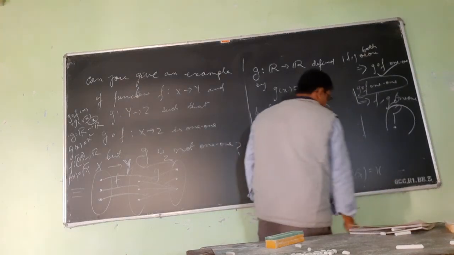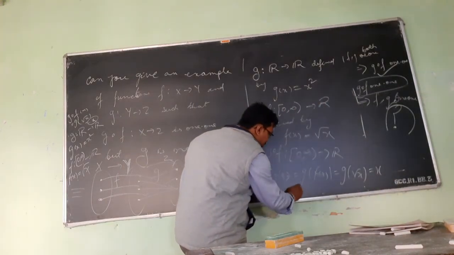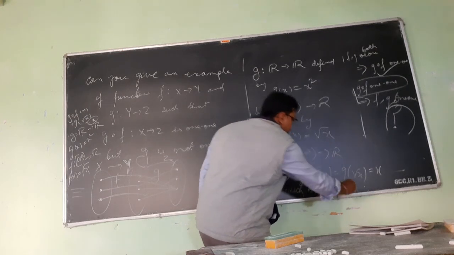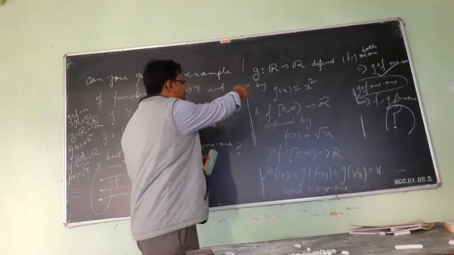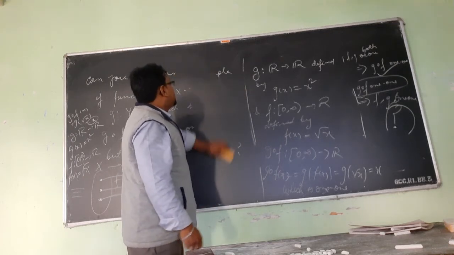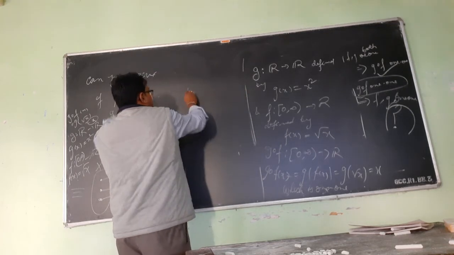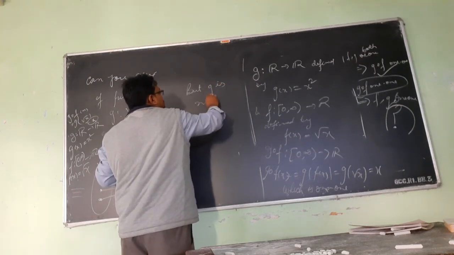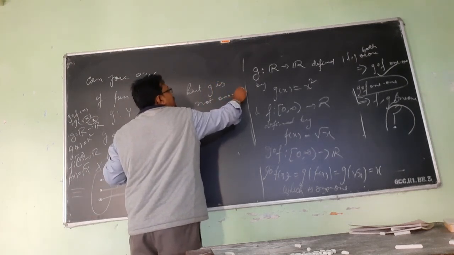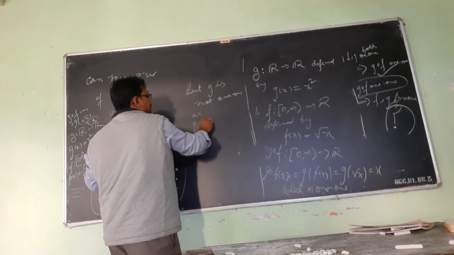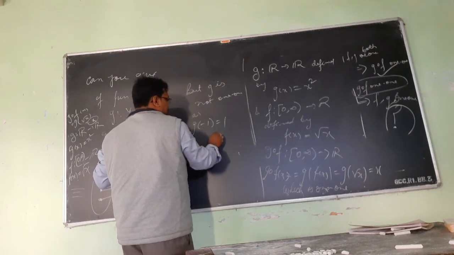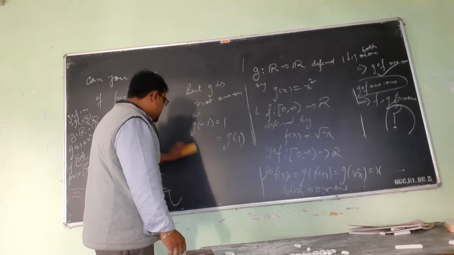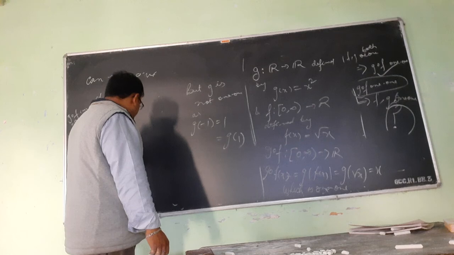This is the same as x, which is 1-1. So g∘f is 1-1, but g is not 1-1. That is very simple to say. g of minus 1 is 1, which is also equal to g of 1. So different elements have the same image, so this is not 1-1.